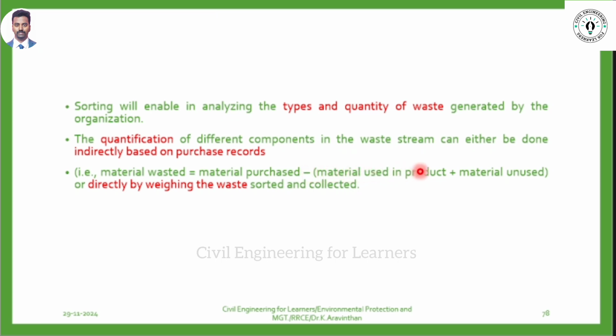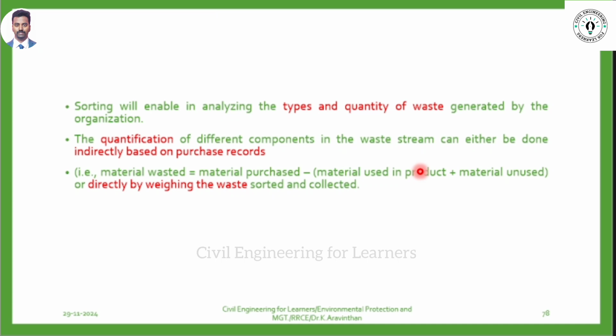They will be making some product. Imagine they are making doors. Doors are completely made of wood. So they have to purchase wood, they have to make doors, then they have to sell. So they will check how many doors they have sold. They will calculate. For a single door, what is the weight they can calculate, and total sale product they will calculate. And whatever is rest is called waste.